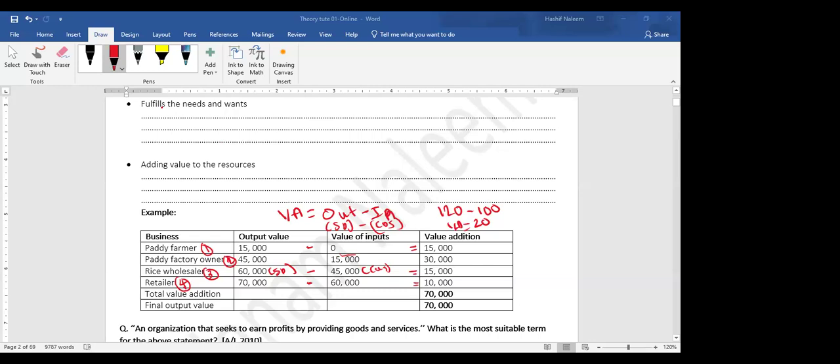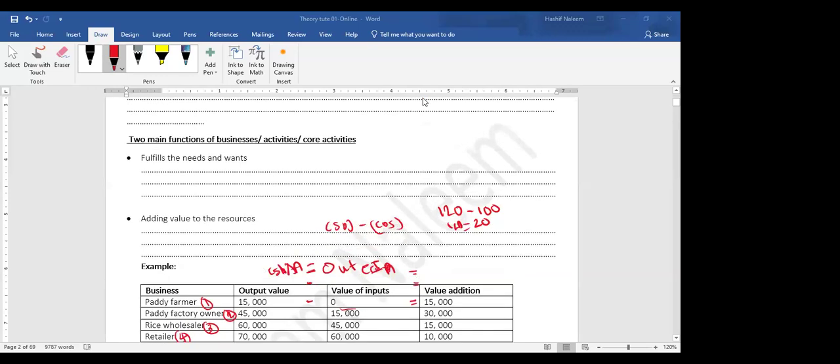All businesses sell a particular good or a service to fulfill human needs and wants. Example: Dialog, hyphen, communication. KFC, hyphen, food. Okay, so you can write these examples.